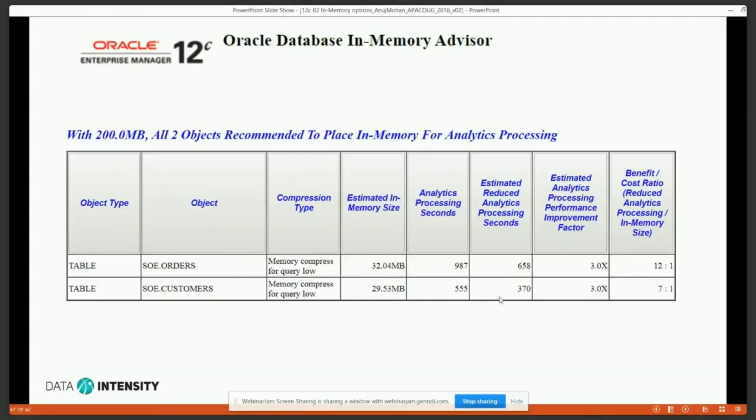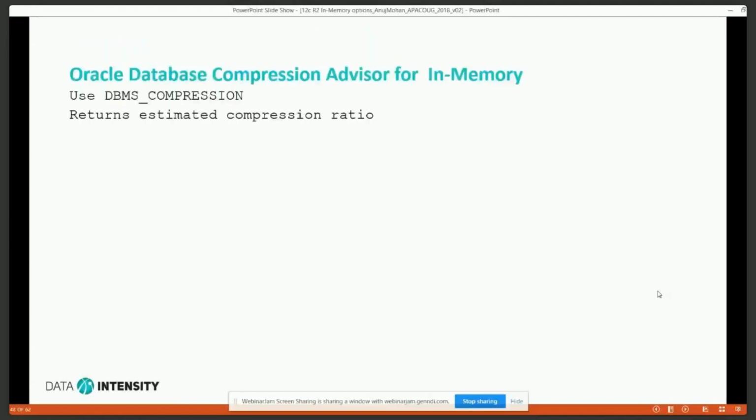So this was the time the database was using, and if I put them in, this is the time it will be using, and this will be the processing improvement factor, and this is the benefit cost ratio. So it gives you some neat information as a basis for deciding what you need to put into the in-memory column store.